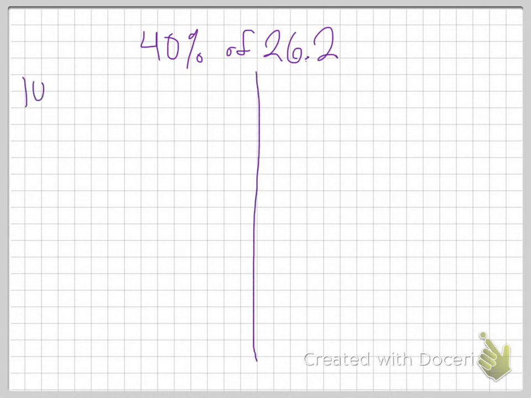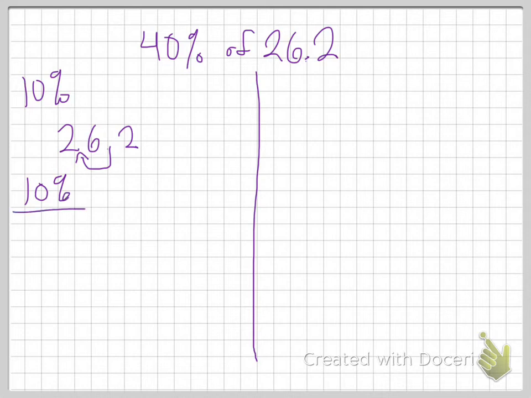The first one is the 10% method, where you take the number and you move the decimal over once to find 10%. So in this case, 10% is 2.62, and I can multiply by, nope, not 3. I'm trying to get to 40%. I can multiply by 4 over 4 to get me to 40%.